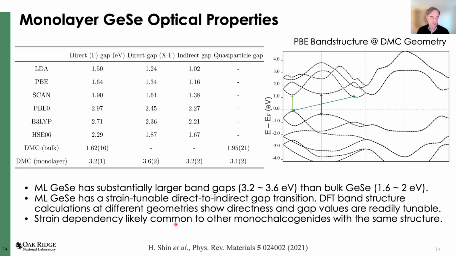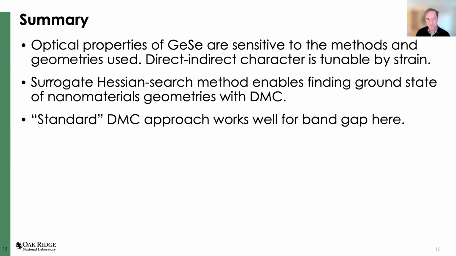Of course, one of our conjectures from this work is that likely other monochalcogenides will have similar sorts of properties due to combinations of both the structure of these materials and the electronic structure of the elements they tend to be made out of.